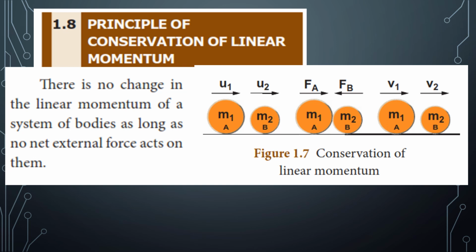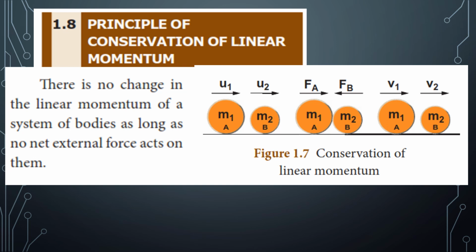During an interval of time t, they tend to have a collision. After the impact, the bodies move along the straight line with velocities v1 and v2 respectively.